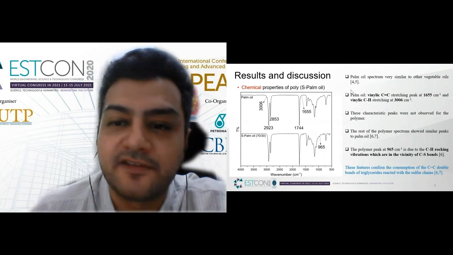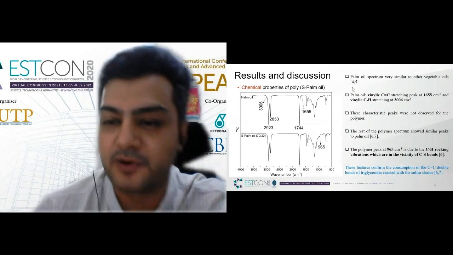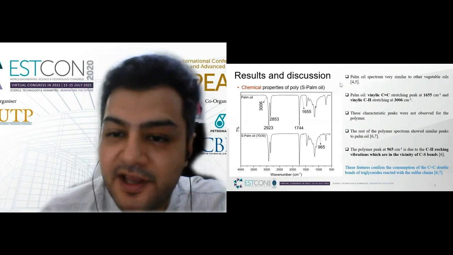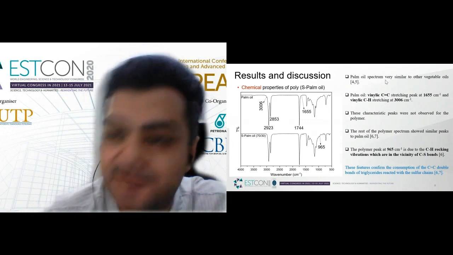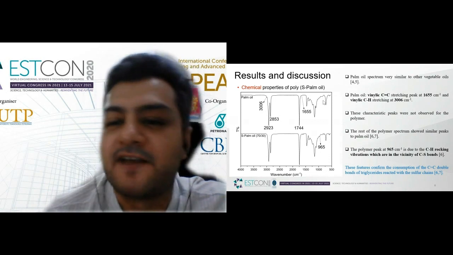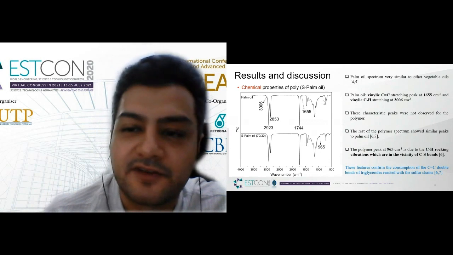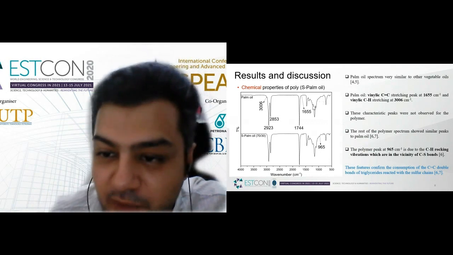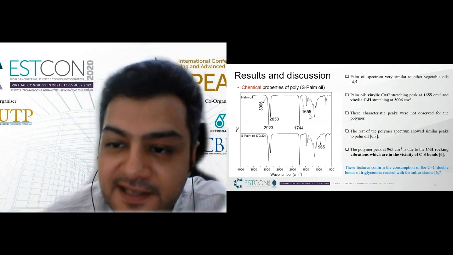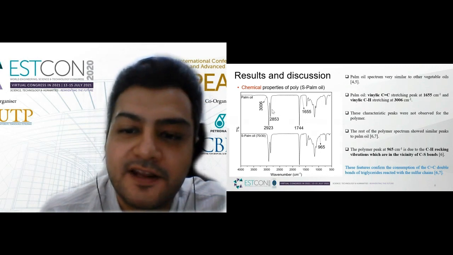Here we can see the FTIR spectra for palm oil and poly-S palm oil. According to literature, the palm oil spectrum is very similar to other vegetable oils because all vegetable oils have the same fatty acids, although the percentages are different. In the case of palm oil, we can see a vinylic C=C stretching peak at 1655 and a vinylic CH peak at 3006.